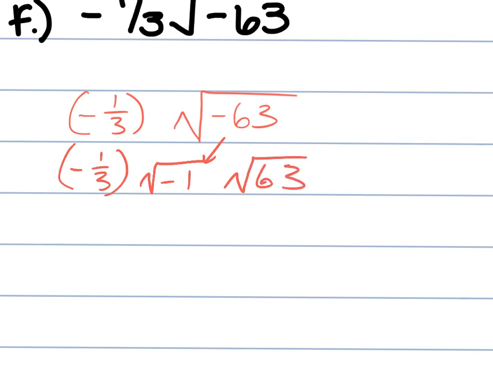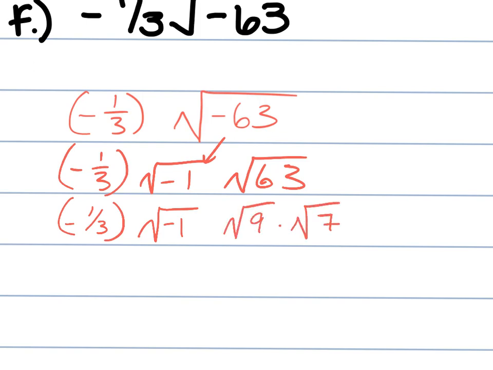And then I split up 63 to square root of 9 times square root of 7. He chose those numbers because they multiply to make 63, and 9 is a large square number that's in there. And then also make the negative 1 imaginary. So it would be negative 1/3 times i times 3 square root of 7.